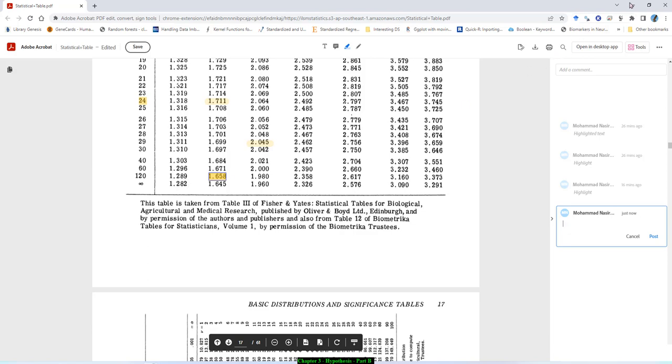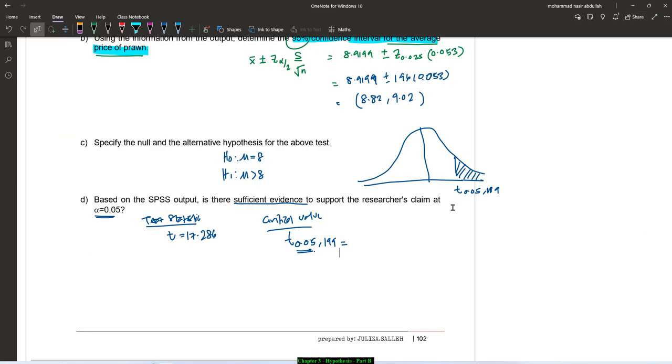So this is 1.658. The decision rule: if t calculated is more than 1.658, the null hypothesis is rejected.